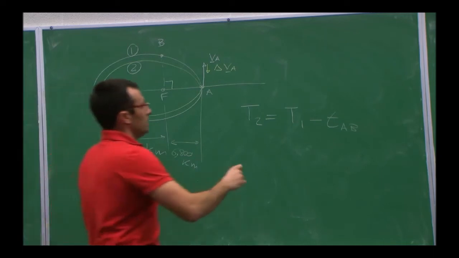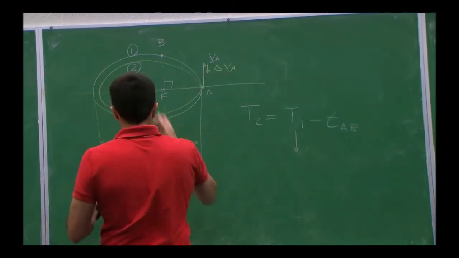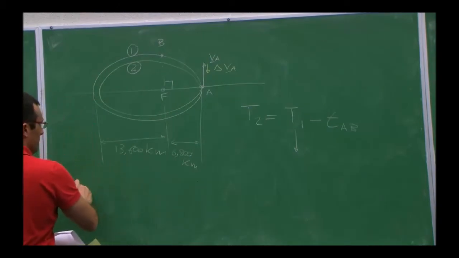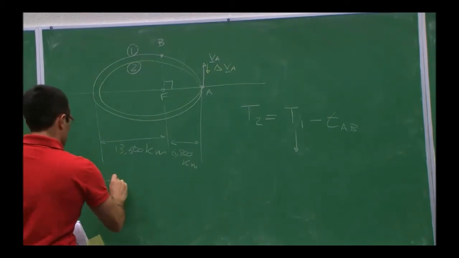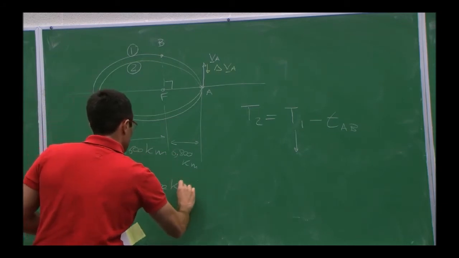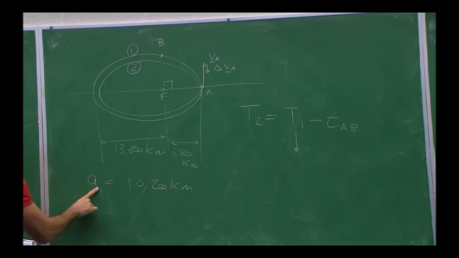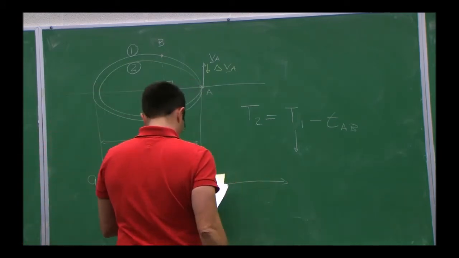I have T1 because T1 is going to be, if I use the inverse of that expression, I have the semi-major axis. Semi-major axis ends up being, let's see if I have it here. Yeah. If you add these two and divide by 2, it's 10,200 kilometers. So this is A1, which gives me T1.